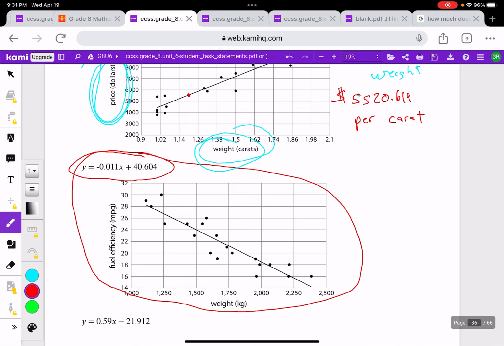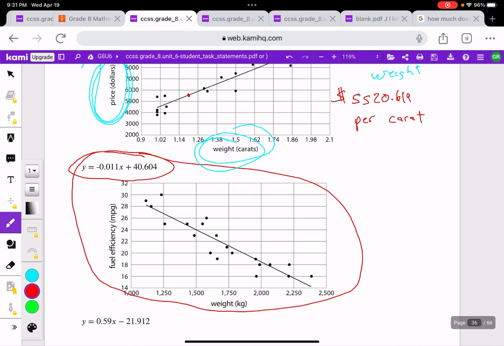So let's try to interpret that more. Let's think about this. As the weight increases, it goes from 1,000 to 2,500. As that goes up, I can see the fuel efficiency, the miles per gallon, goes down.